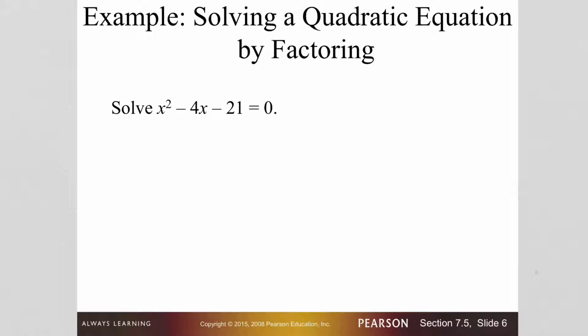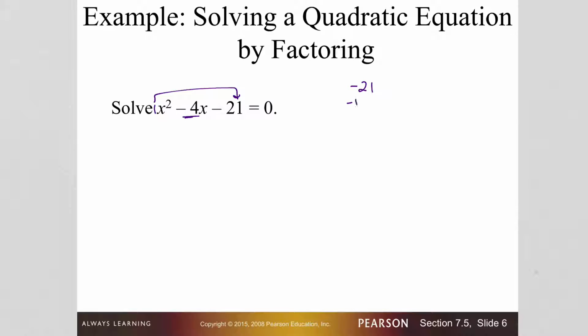Alright, so let's take a look at this one. This one isn't factored for us, so that means we're going to have to do the factoring. So I want 1 times negative 21, so I'm going to write negative 21 off to the side. I want factors of negative 21 that add up to be negative 4. So here are all my factors of negative 21.